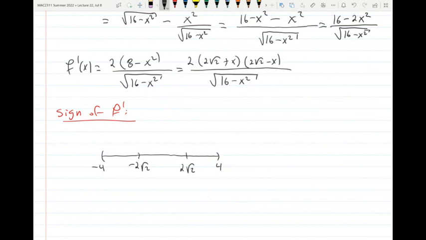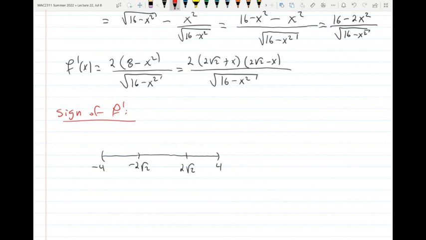So now let's figure out the sign. So let's see, negative 2 square root of 2. If we pick something less than that, okay, so this is negative square root of 8, right? 2 square root of 2 is the square root of 8. The square root of 8 is less than 3.